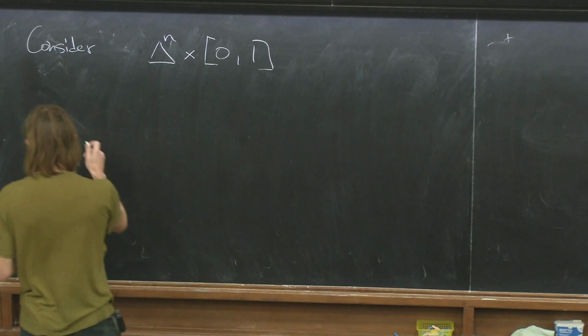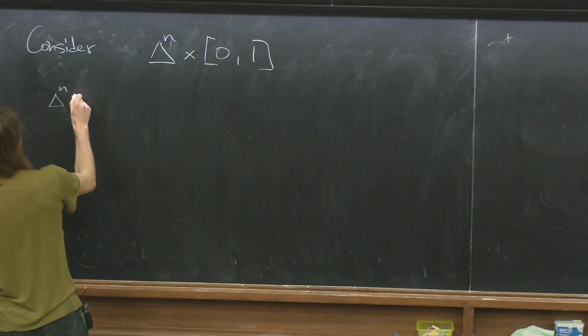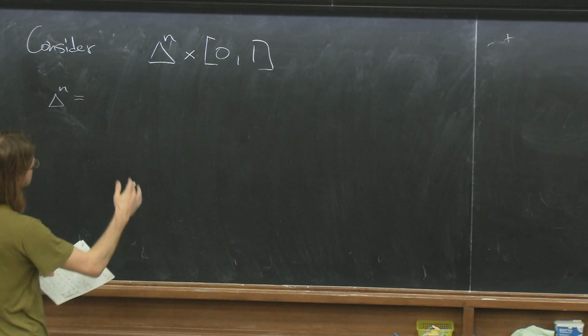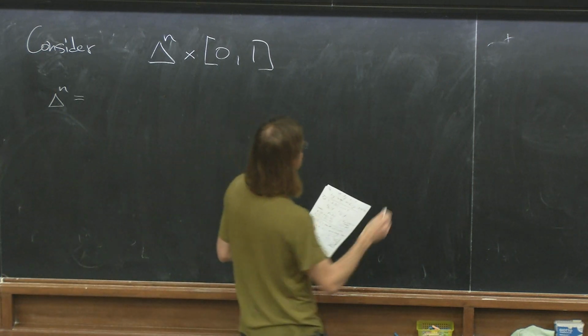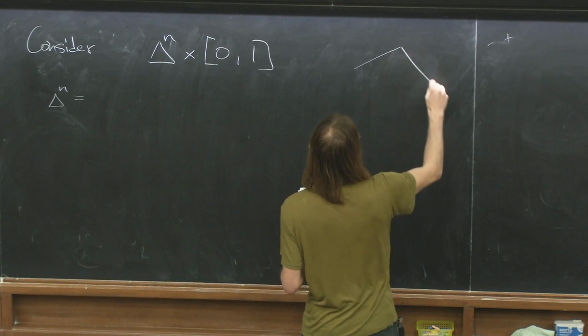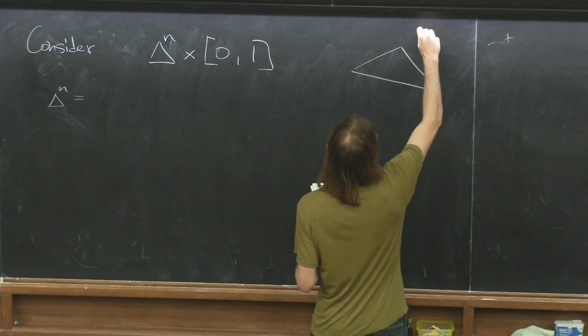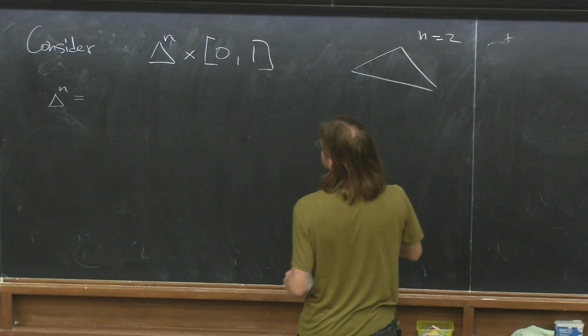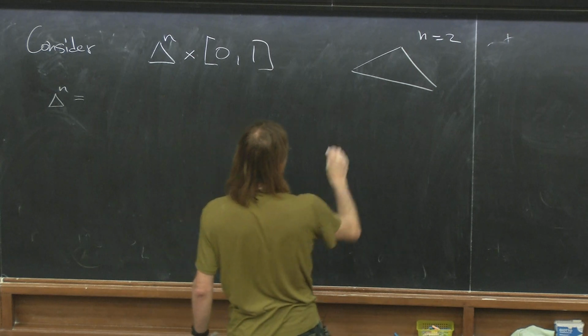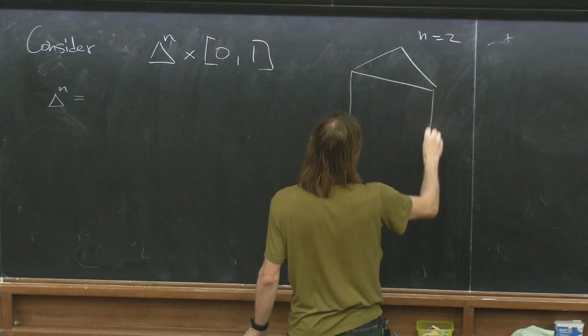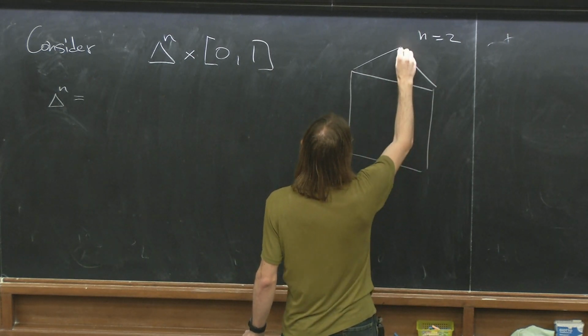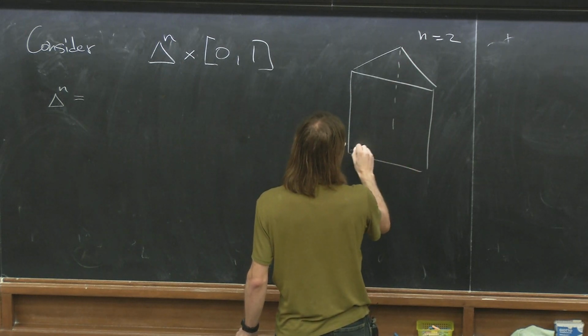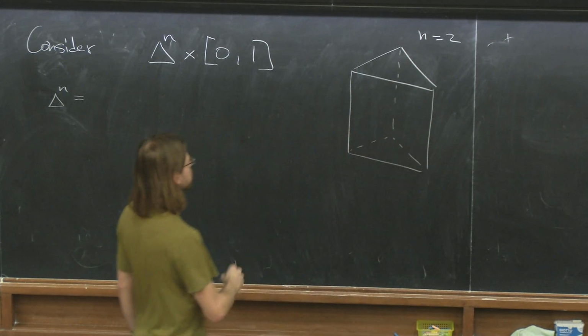Let me show an example. N equals 2. So this delta 2 is just a triangle. And consider this triangle times an interval. Like this.